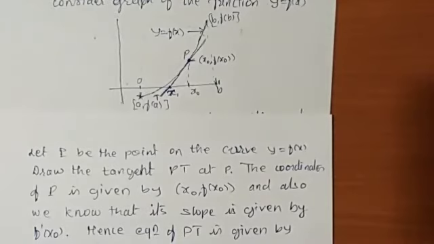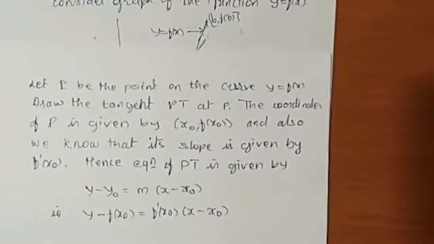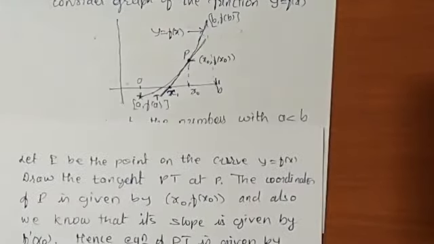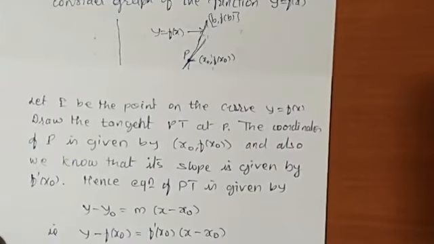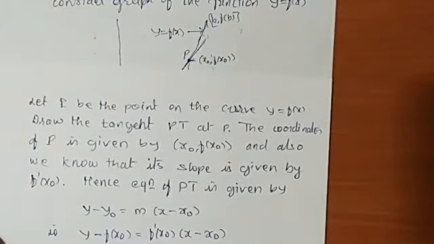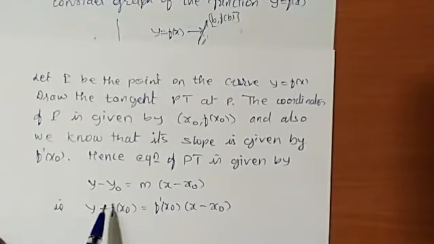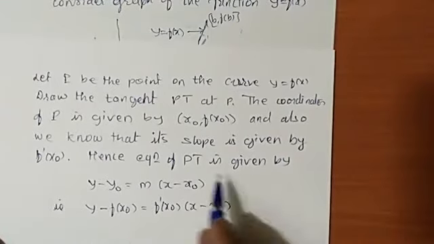That is y minus f of x naught, because y naught is f of x naught, is equal to f dash of x naught times x minus x naught. So this is the equation of the tangent PT, right?